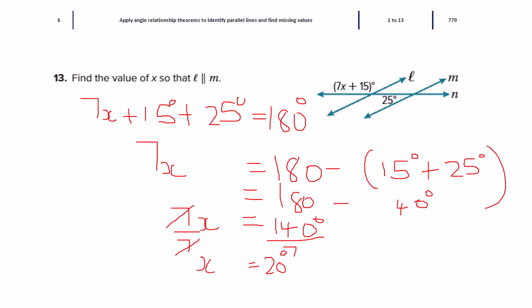Let us substitute and check whether this is correct. 7 times 20 is 140.